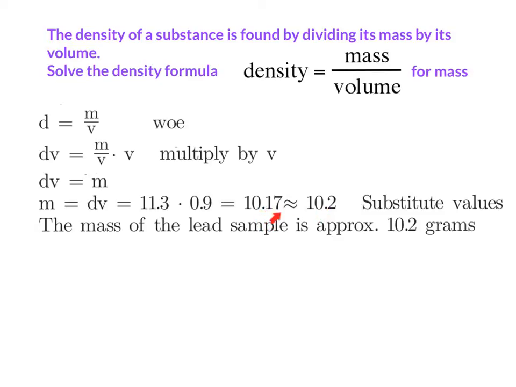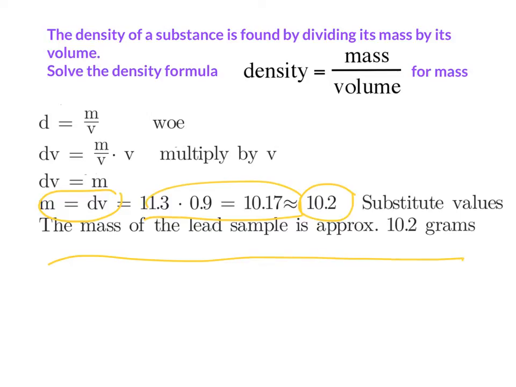The 7 made the 1 a 2. All we did here was substitute values in once we had our original formula, and then we approximated and rounded up. So the mass of the lead sample is approximately 10.2 grams.